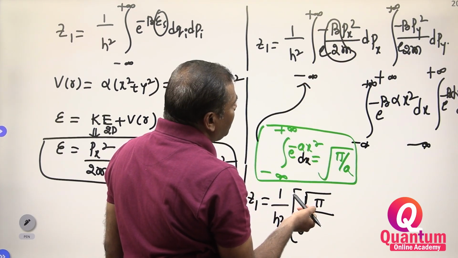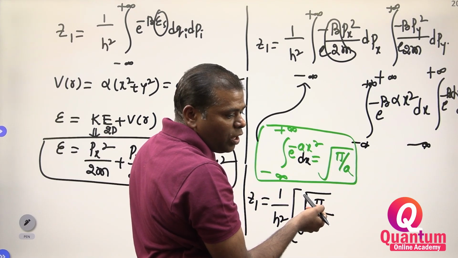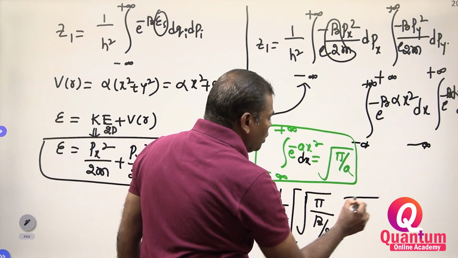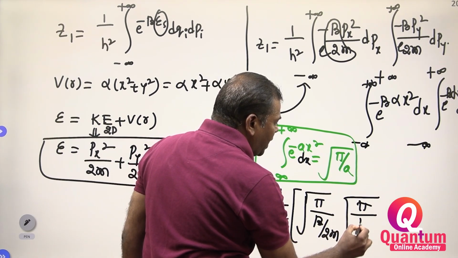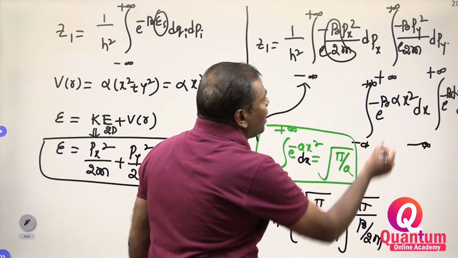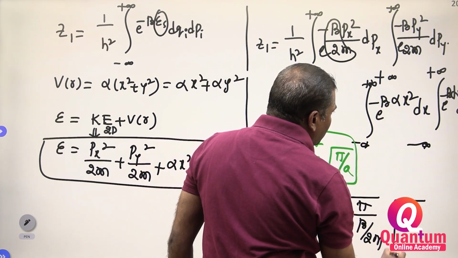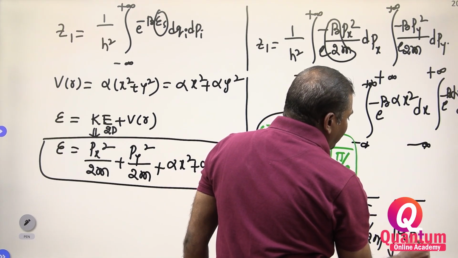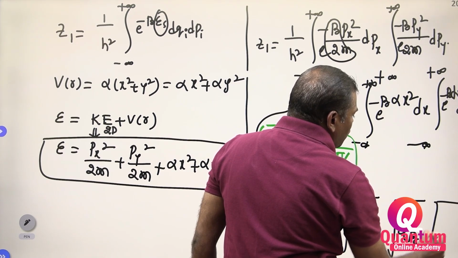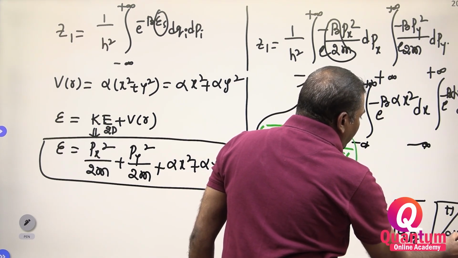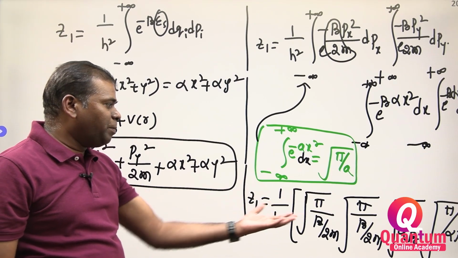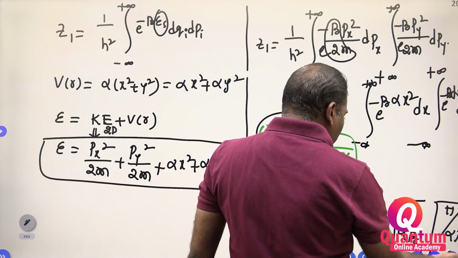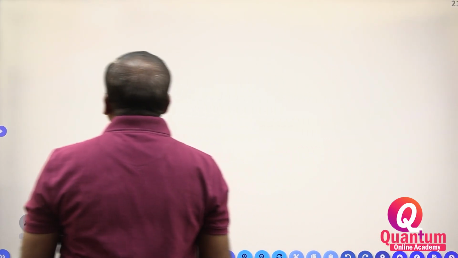So instead of a, you have to write beta by 2m, into the square root of pi divided by alpha beta. Here also pi is divided by alpha into beta. Now you have to simplify. We will see how much value we are getting after simplifying.